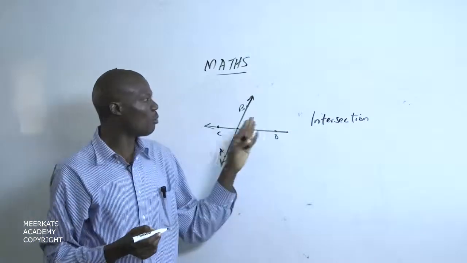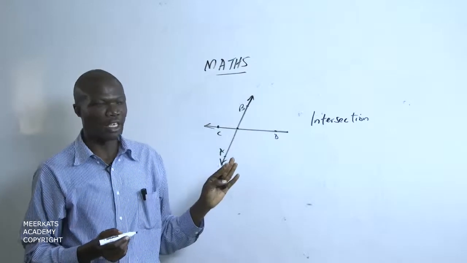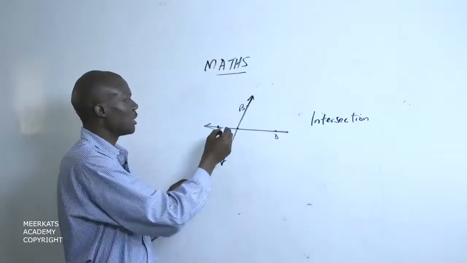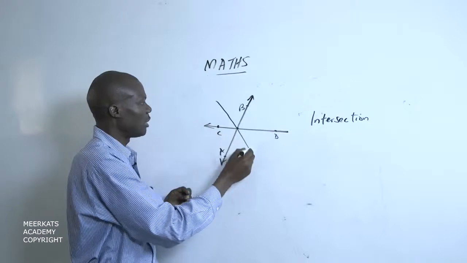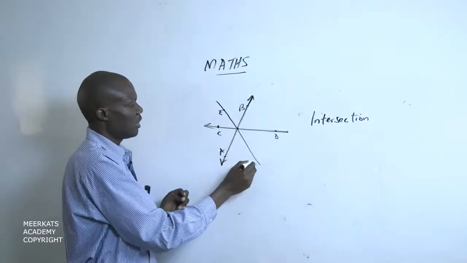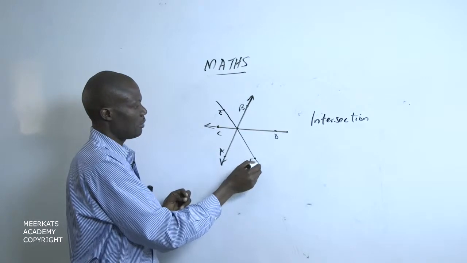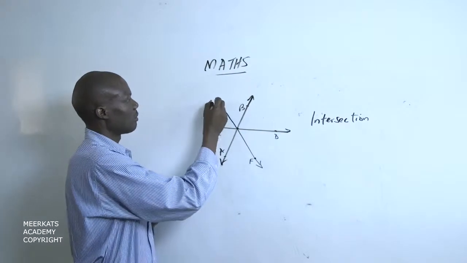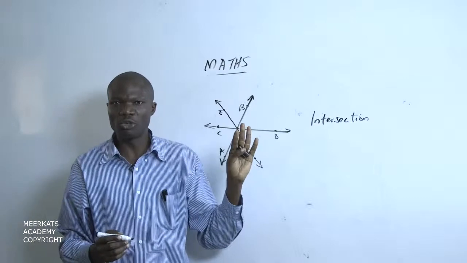But if we have more than 2 lines intersecting, so I'll add another line, let me call this line EF. So these are more than 2 lines.